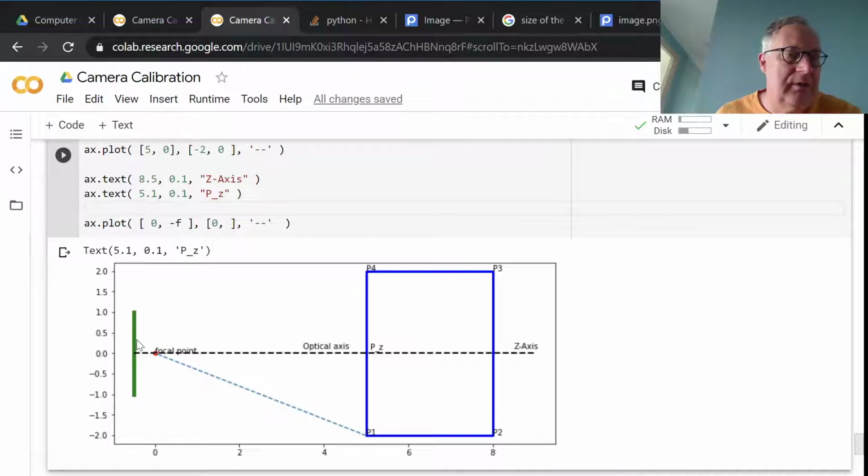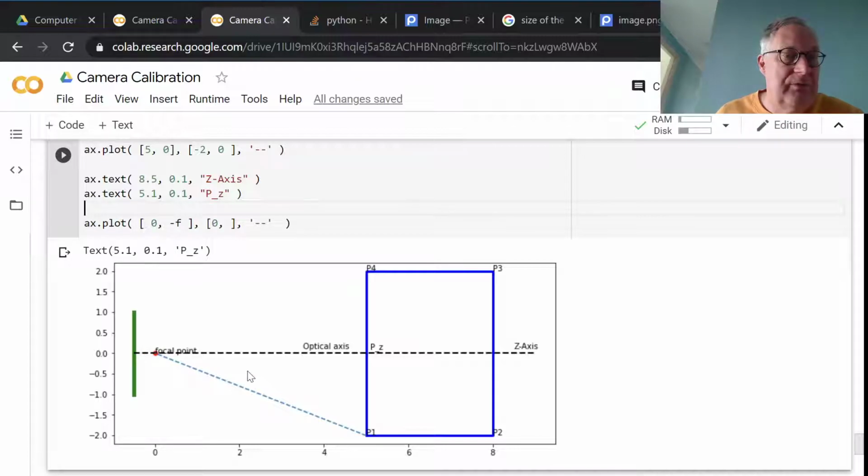So if we end up with a positive coordinate over here, 5 divided by minus 2 must be the same as negative f divided by my x here.